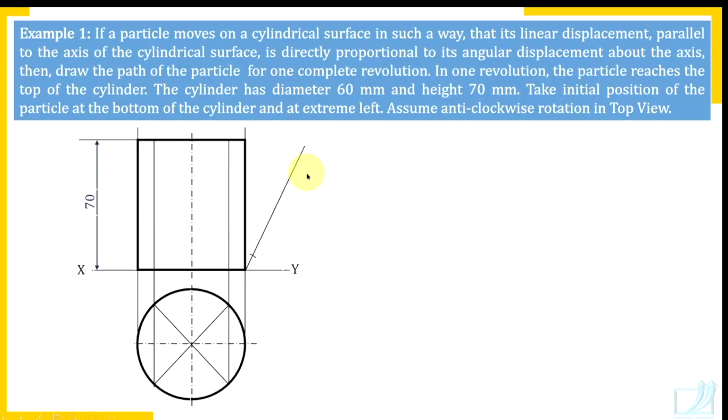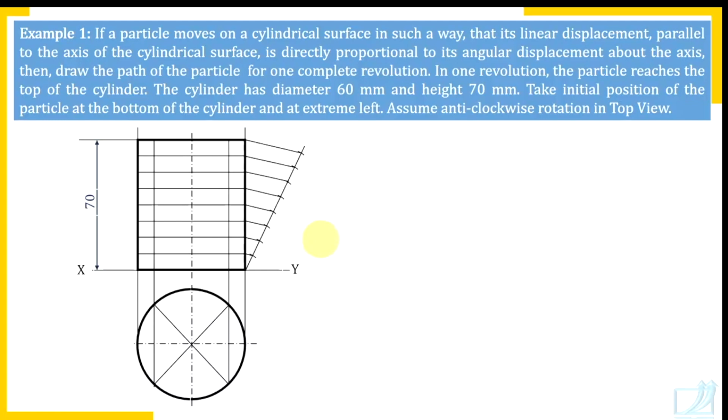On that line mark 8 equidistant points, 8 parts. Then the 8th part you join with top of the cylinder. So this is how that pitch, the height of the cylinder, we have divided in 8 parts. And at those levels, draw horizontal lines.